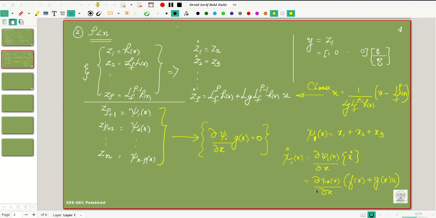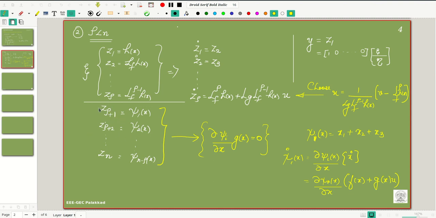If I say that for any psi i, dou psi i by dou x into g of x is equal to 0, it means that the u terms will not appear in the rest of the states. The u terms do not appear in these states. That means they are independent of the input here. Here we don't have an input dependence on these variables.